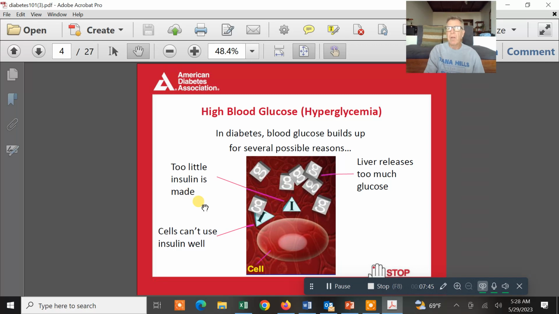But if your cells are not able to capture glucose, then they send out signals to the liver and say, I'm not seeing the glucose, can you deliver more? So now you have tons and tons of glucose in your blood, not going anywhere. And going back to the reading from the previous assignment, high levels of blood glucose cause this glycation end product. It's like a candy coating that causes severe inflammation.